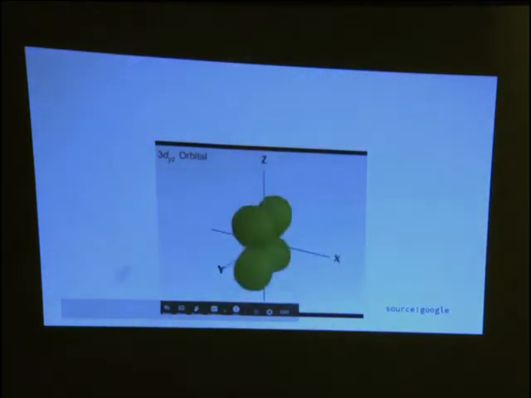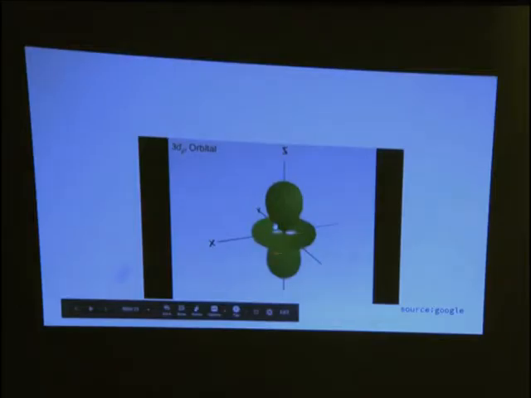The 2 lobes are aligned along the yz plane, cutting through the y and z axes. So, this is the last example for the d orbital, the 3dz square orbital. Here the electrons are aligned along the z axis, it looks similar to 2pz, and also along the center, forming the shape of a donut.